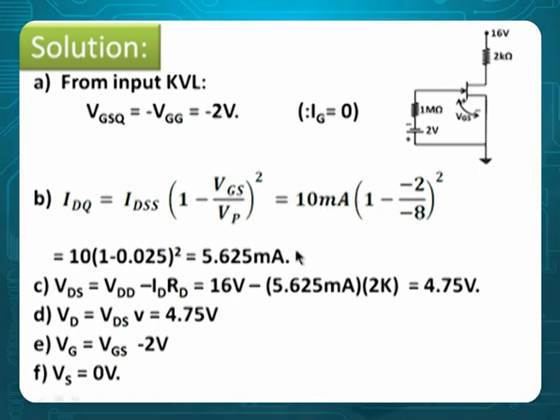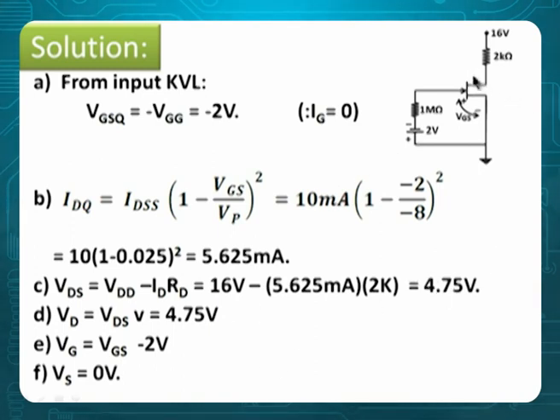ID became 5.625 milli. Now what is VDS if you apply? VDD minus IDRD minus VDS is 0, therefore VDS is VDD minus IDRD. VDD means 16 volts minus IDRD means 5.625 milli into 2 kilo, that becomes 4.75.